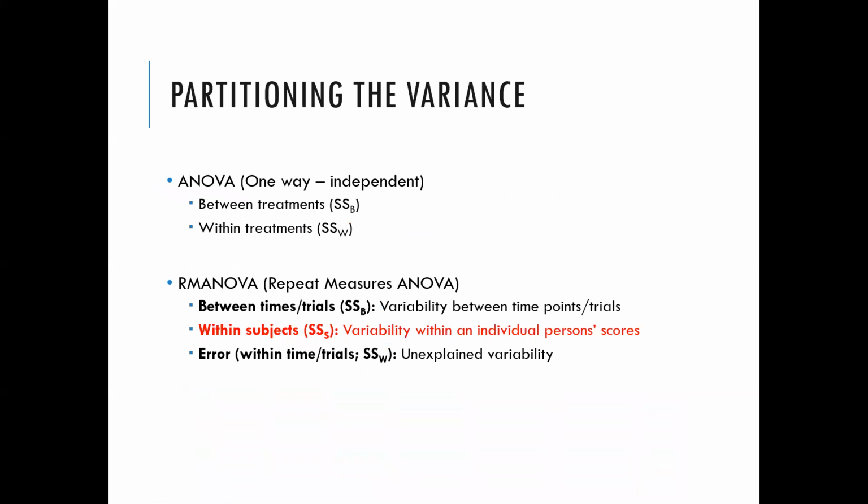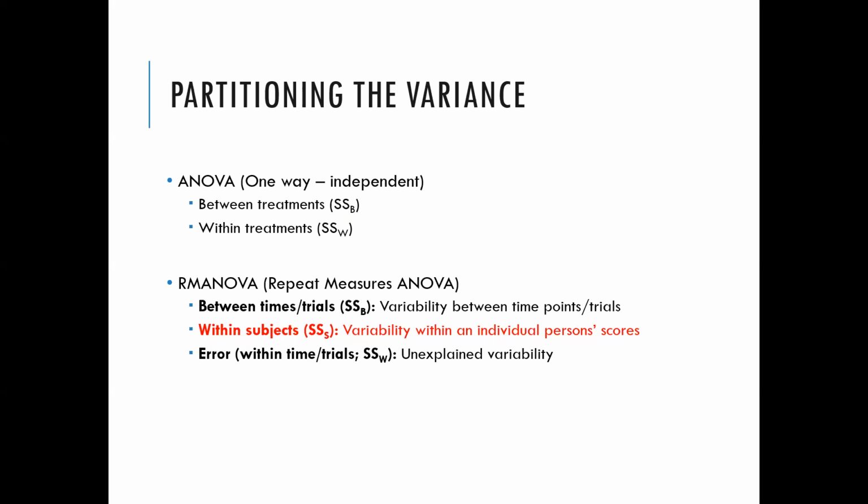Okay, so again, we're partitioning the variance. For a one-way independent ANOVA, we had the between treatments and we had the within treatments. So it's similar for the repeated measures ANOVA. We have the between time trials, and that's the variability between time points or trials.